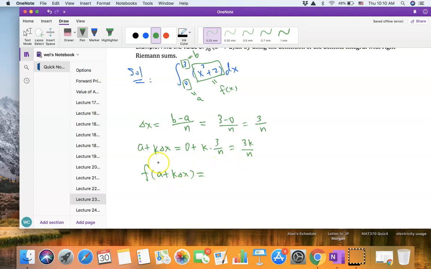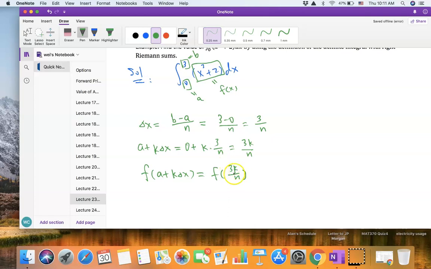Since a plus k delta x we figured out is 3k over n, to find f of 3k over n is like a practice we had in pre-calculus.